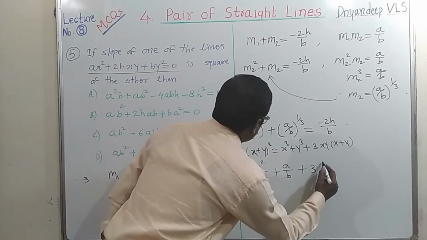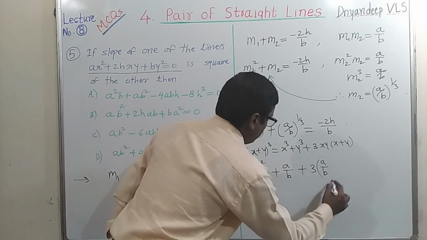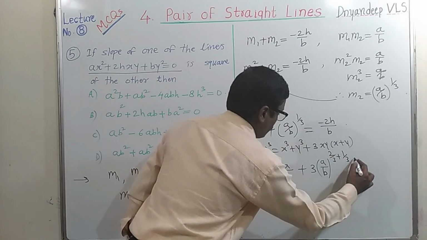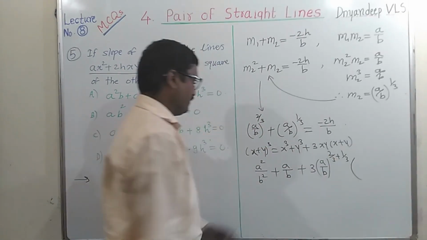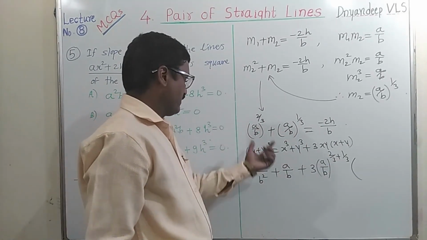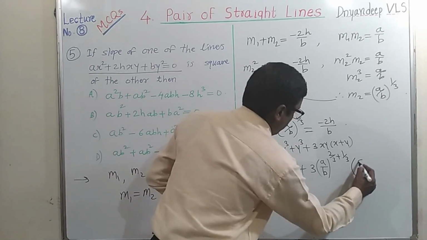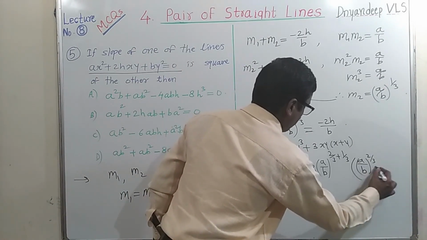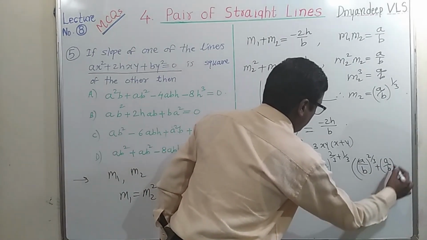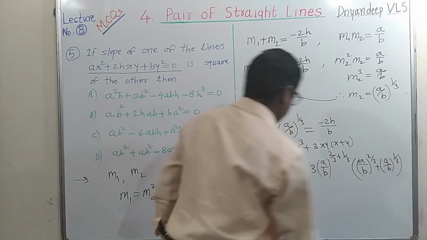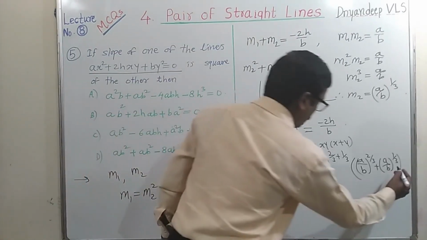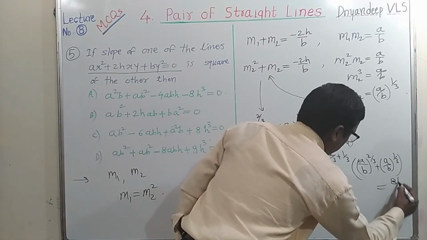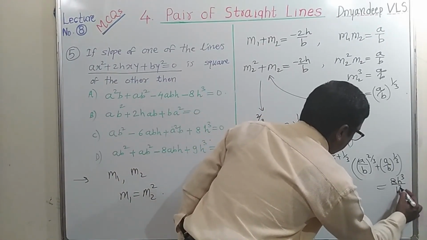indices, that is a/b to the power 2/3 plus 1/3, and the last (x + y), this is x, this is y, so as it is (a/b)^(2/3) plus (a/b)^(1/3) equal to, taking cube we get here 8h^3/b^3.